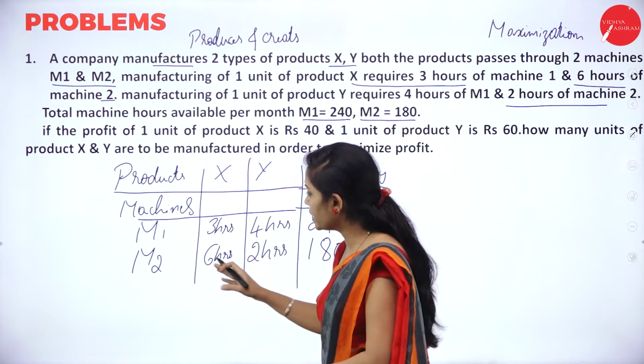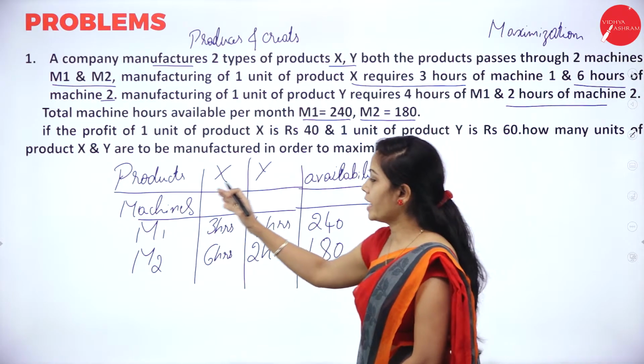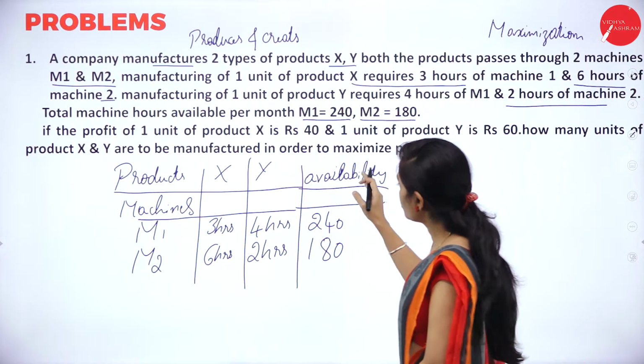Here I have written the products X and Y, machine M1 and machine M2, and the total availability.